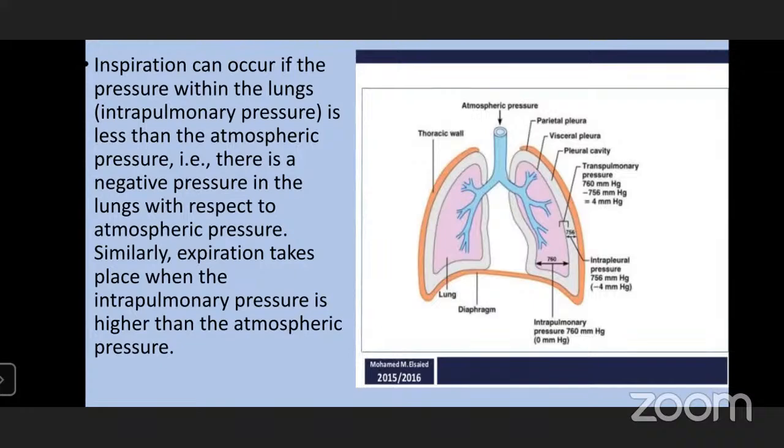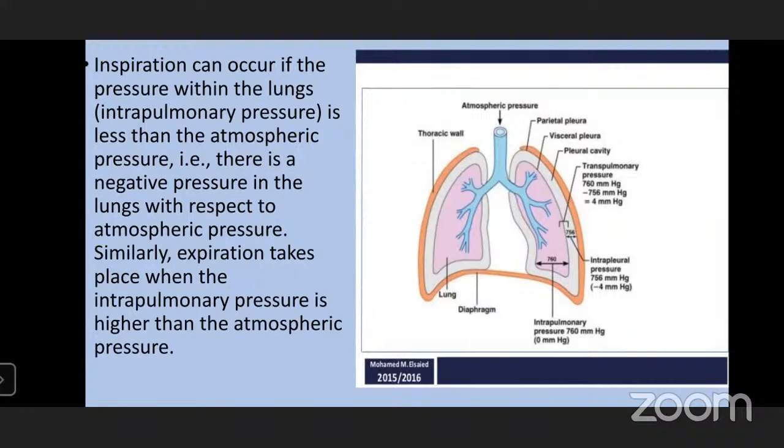And when expiration takes place, the intrapulmonary pressure is higher. So in the process of inspiration, the pressure in the lungs is less when compared to the atmospheric pressure. And at the time of expiration, the intrapulmonary pressure, that is pressure inside the lungs, is more when compared to the outside pressure.